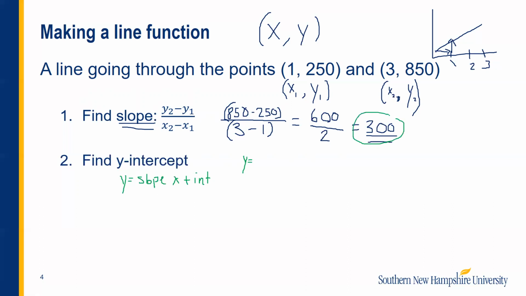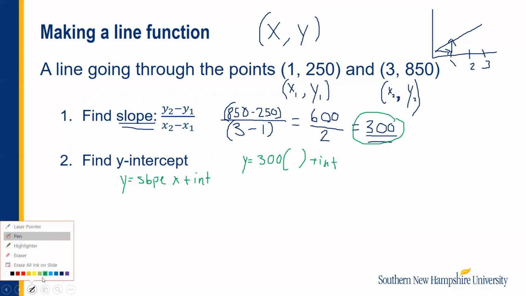We know that, that's here. I'm actually going to leave a blank here for x, and then I'm going to write plus intercept. So I actually know some other stuff already. I know a point for x and a point for y. I actually know two of them, but I only need to use one of them. And so we are going to use, let's use the first one.